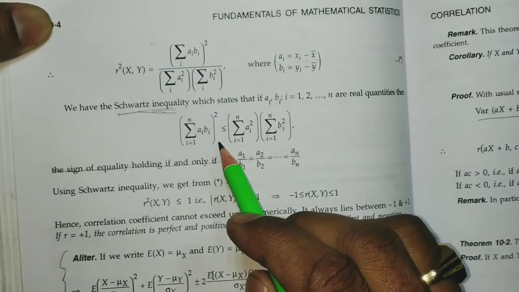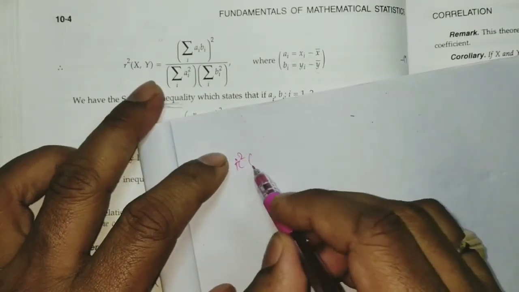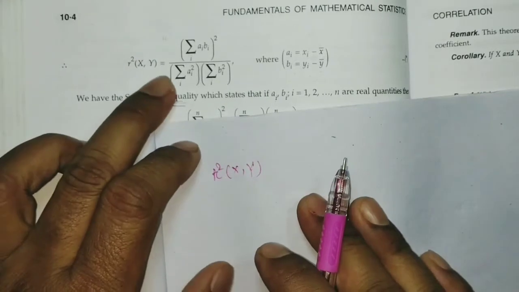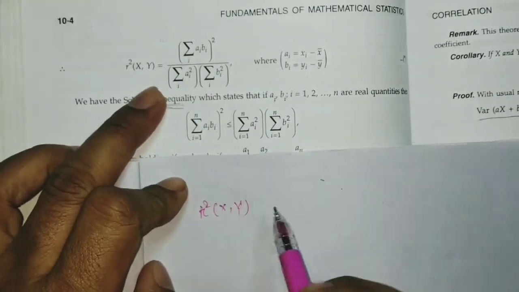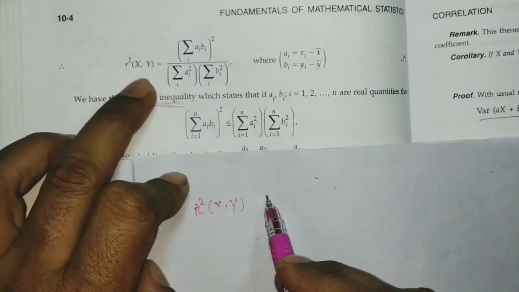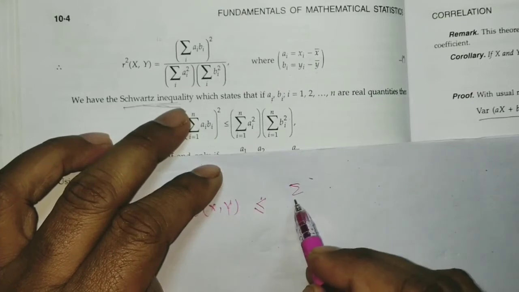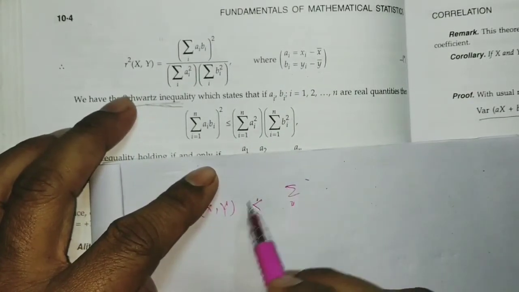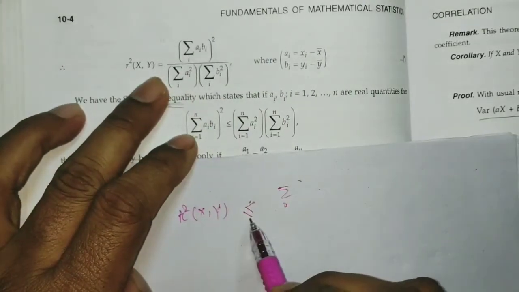You got my point? Wait, here you can see that we have r square xy equal to this much, but the numerator value is less than or equal to this much, so I can write r square less than or equal to the summation over, instead of this one I can write this one, but here instead of the equal symbol we have to put less than or equal to.